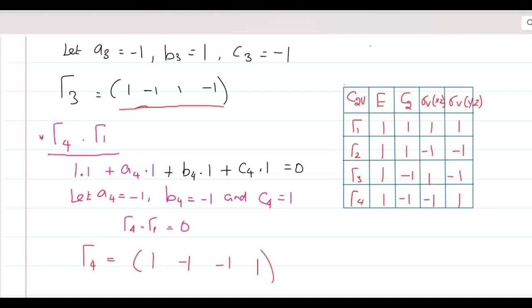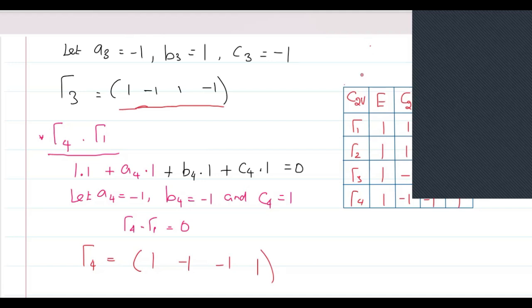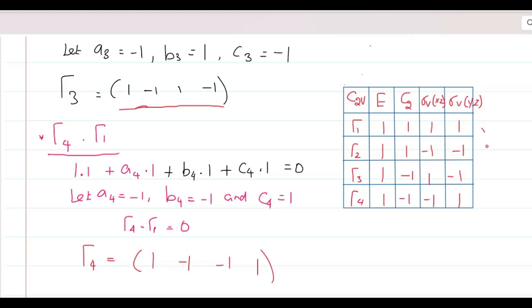So far we have seen in what way we have obtained the characters of all the symmetry operations by applying all the rules of the great orthogonality theorem. Now we are going to derive the Mulliken symbol.